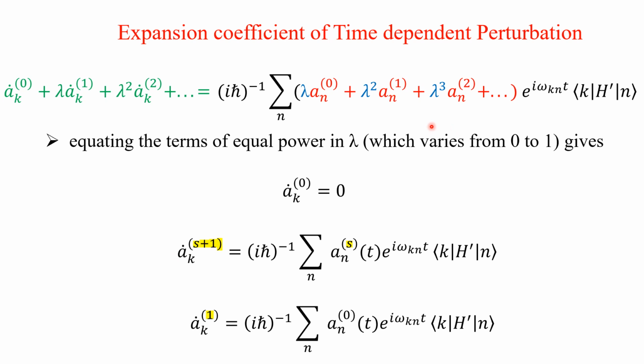So it will go like this. Now if you take s equal to 0, then ak dot 1 will become equal to minus i h cross inverse summation over n, an 0 of t, because we have taken s as 0, e power i omega kn t, k h prime n. This is what we finally got.